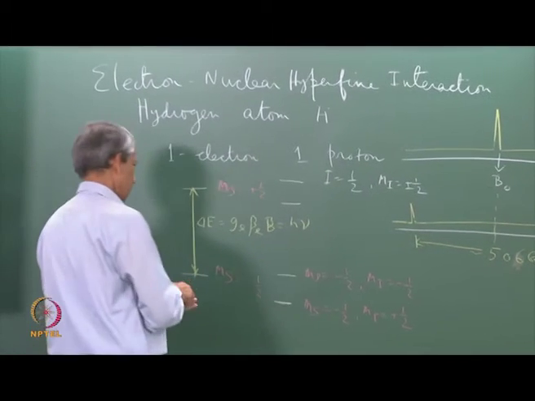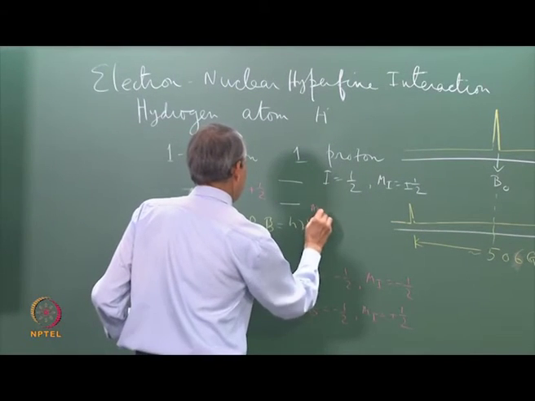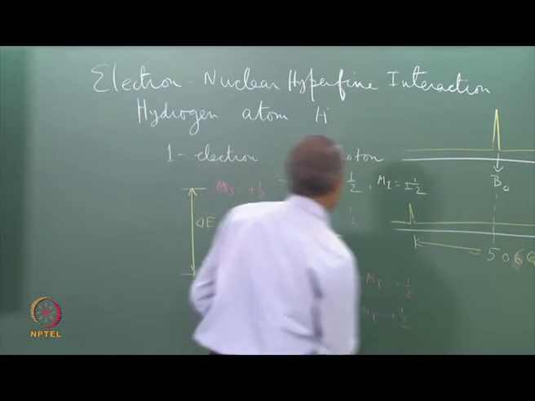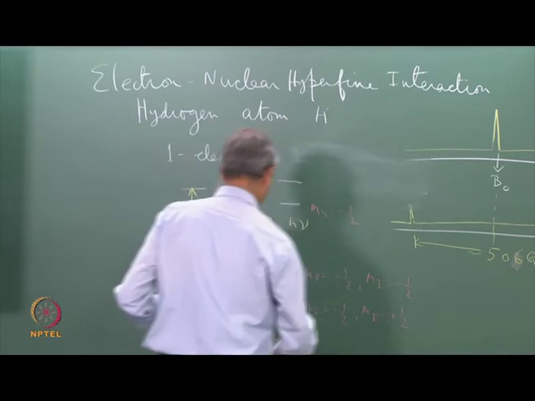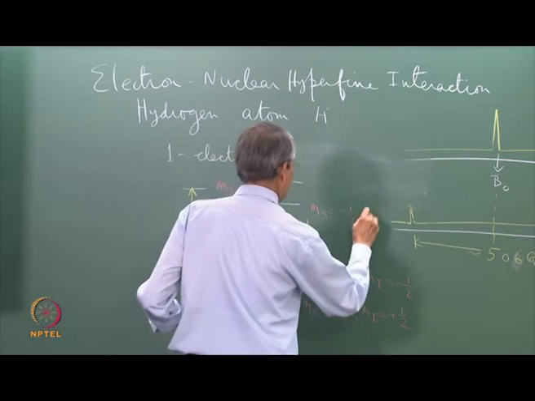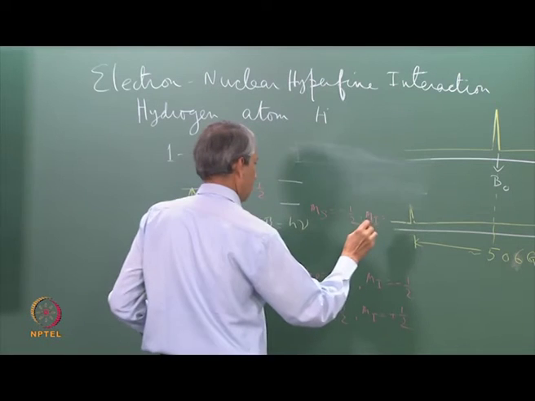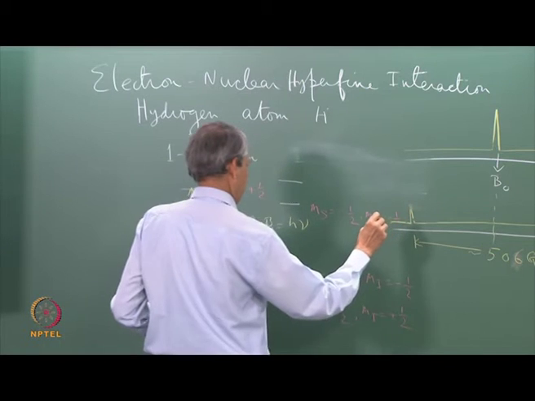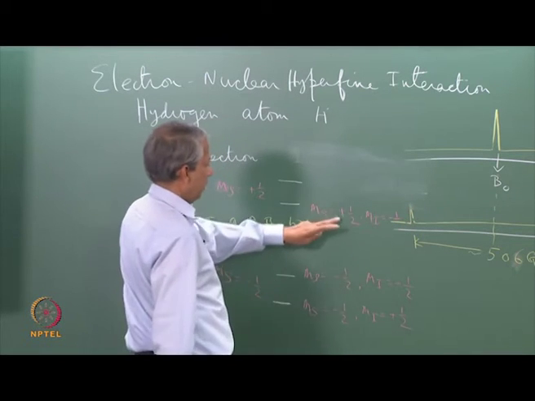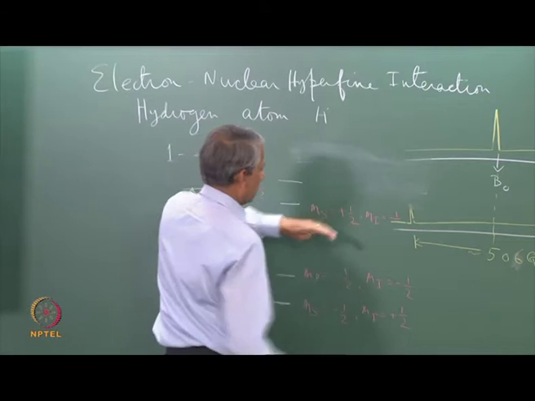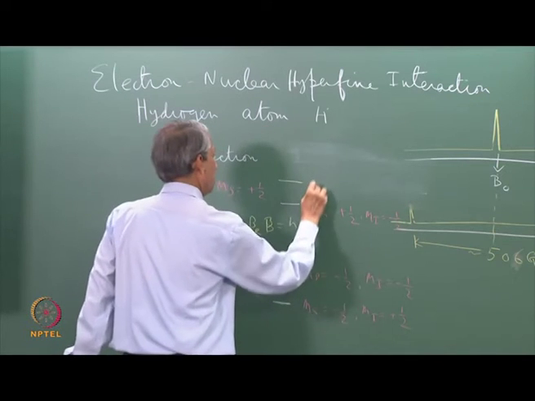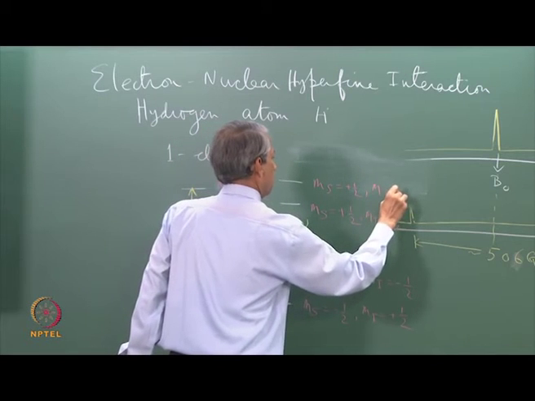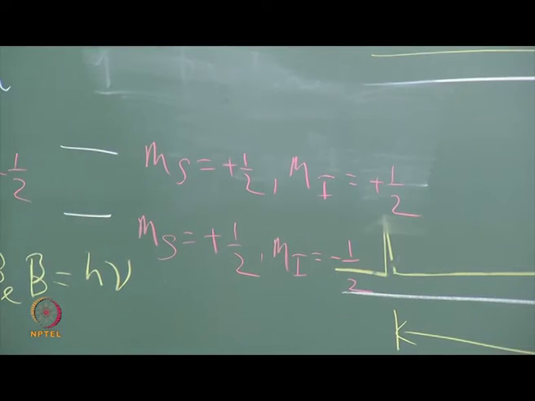Similarly, here ms equal to plus half and mI equal to -half, and this will be ms equal to plus half and mI equal to plus half there.